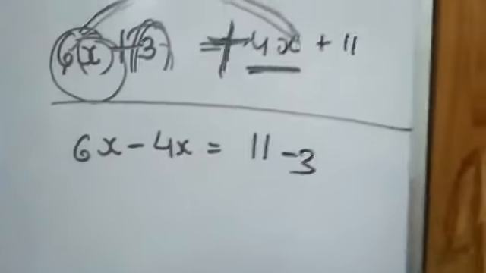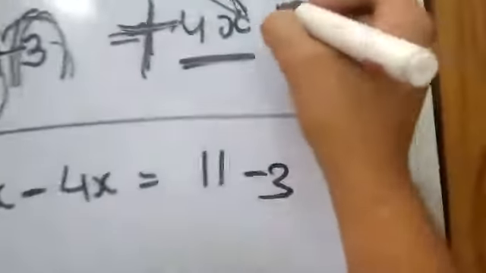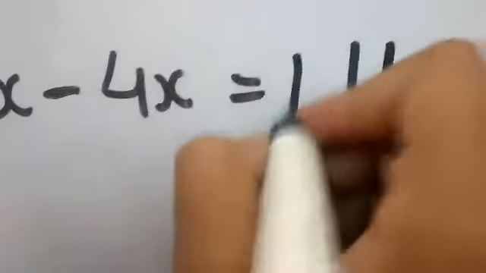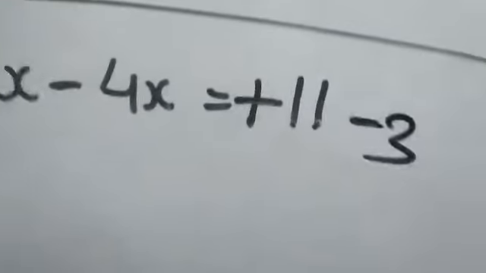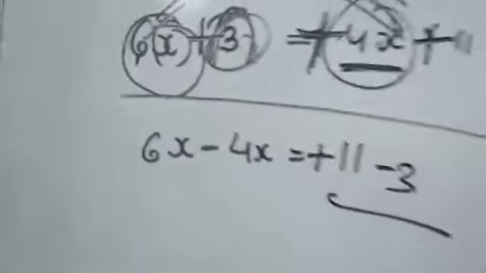We will change the sign of only those numbers which are changing their position. 11 is already there, so plus remains plus. We are not changing the side of 11, so the sign of 11 will remain the same. We are changing the side of 3, then the sign of 3 will be changed, and 4, then the sign of 4 will be changed.